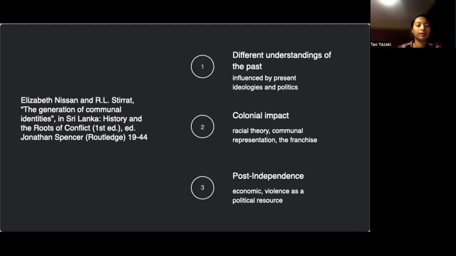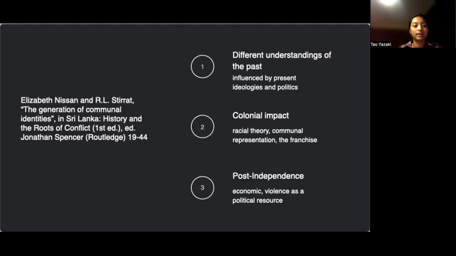One big thing they talk about is how the communal identities of Tamil and Sinhala, which are taken for granted as stringent and as obvious by some present day historians, and the writers of this chapter emphasize that this has not always been the case, and that before colonial times, such divisions weren't as clear cut.